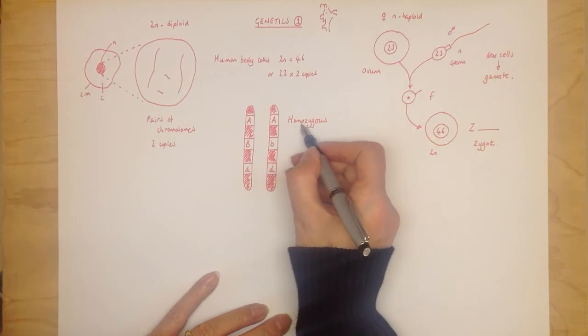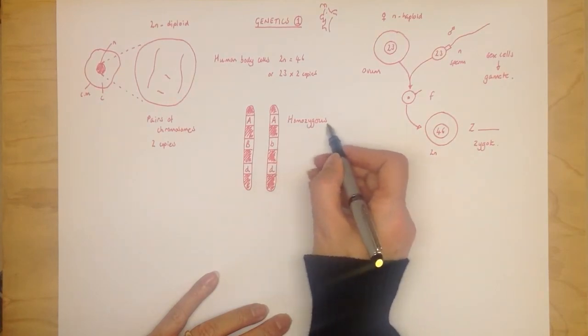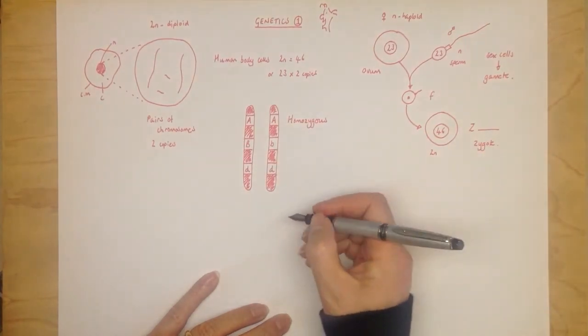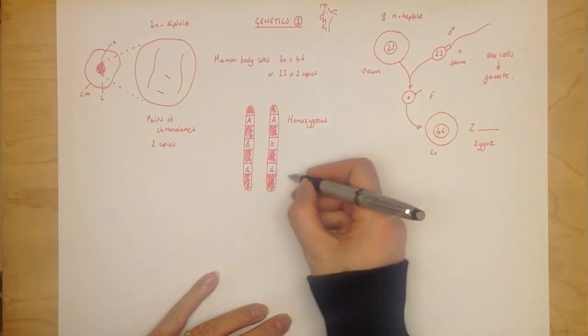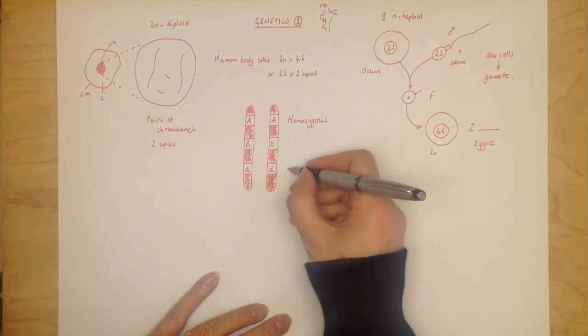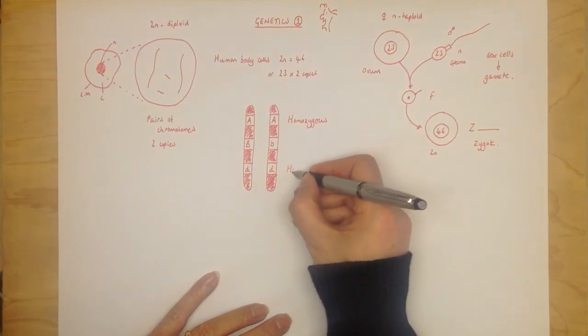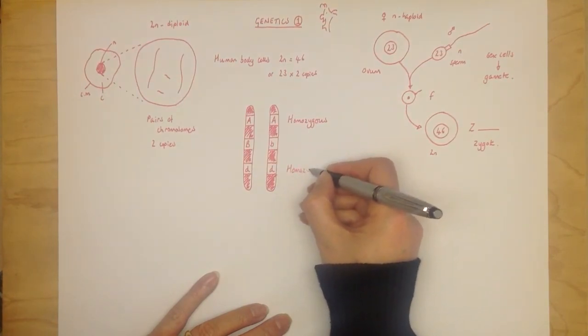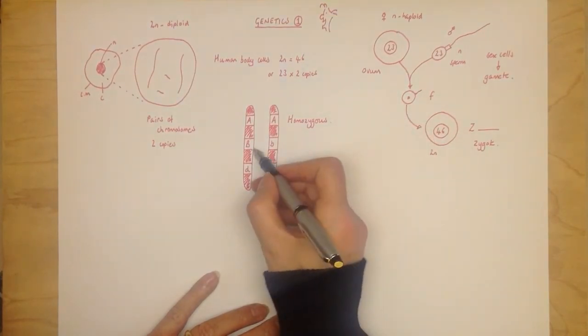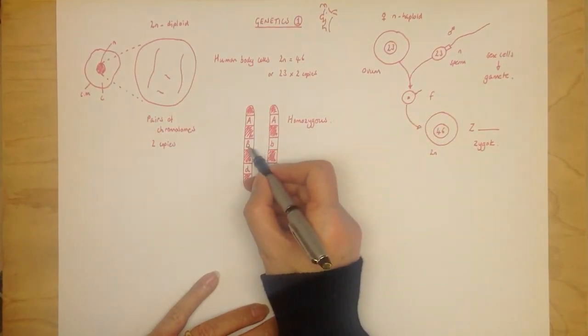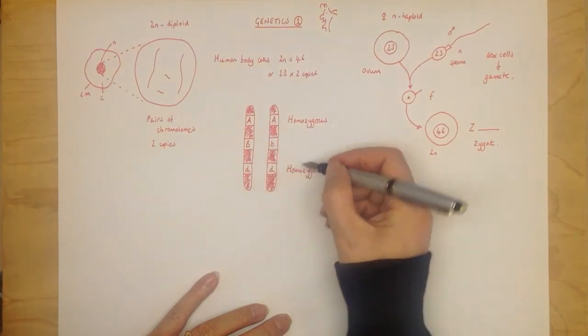Notice that homo means the same, and zygos comes from that word there, zygote. Can you see that these are both small letters? They're both the same, so they are homozygous. These 2 letters are different. One's a capital letter, one's lowercase.